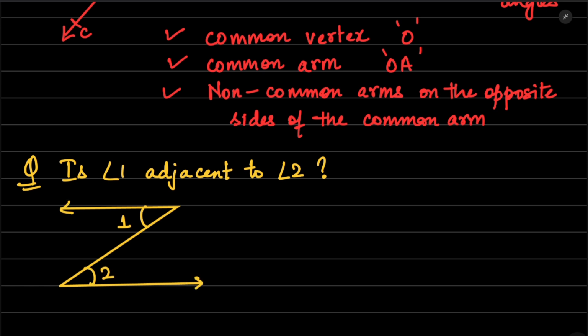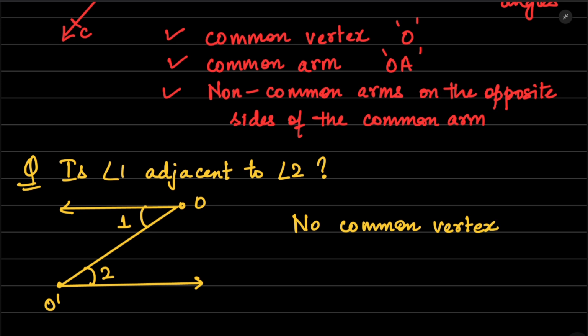Now tell me, does it have a common vertex? Angle 1, where is the common vertex? This is the vertex for angle 1 and O dash is the vertex for angle 2. Do they have a common vertex? No. So the very first point is they do not have a common vertex.